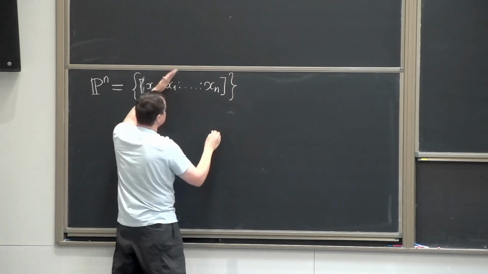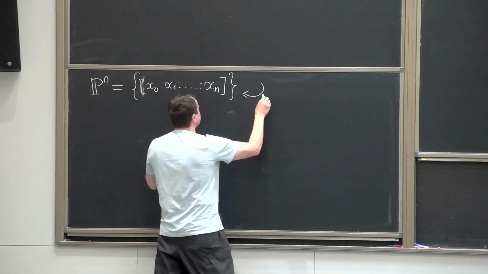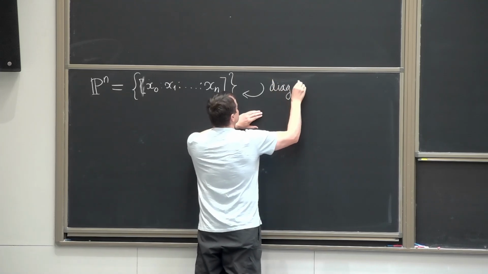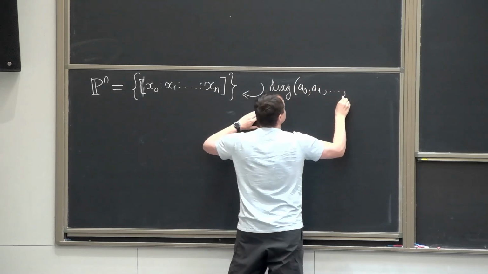So up to scaling. And then we have an action of, let's consider diagonal matrices with eigenvalues a0, a1, up to an.